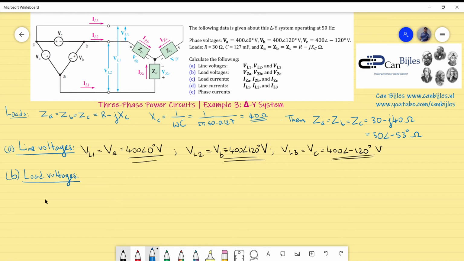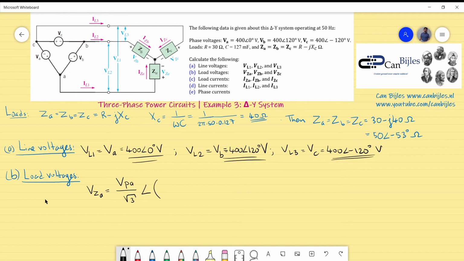Okay, so what we have is the following: the V of ZA, which is the voltage across the impedance ZA, will be the phase voltage of A, which is just VA, of course, divided by the square root of 3, and now comes the formula.